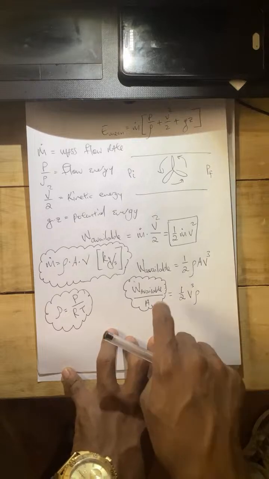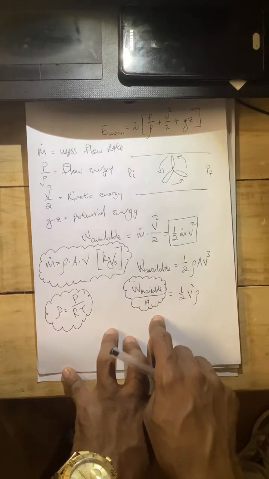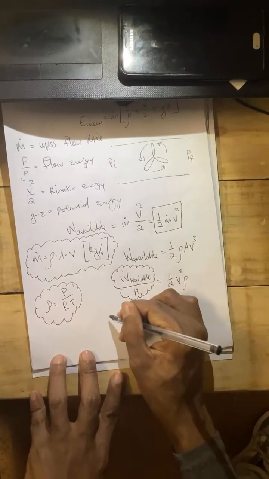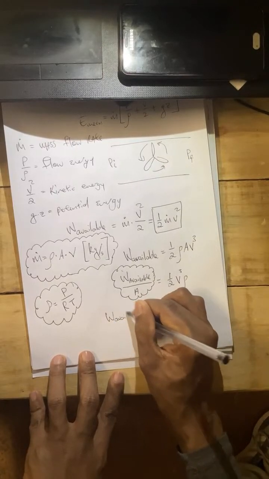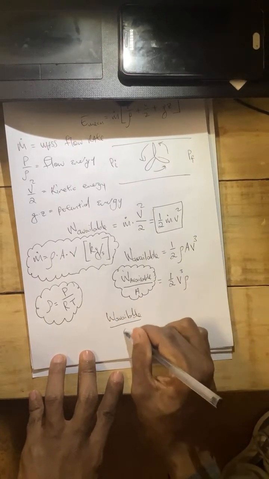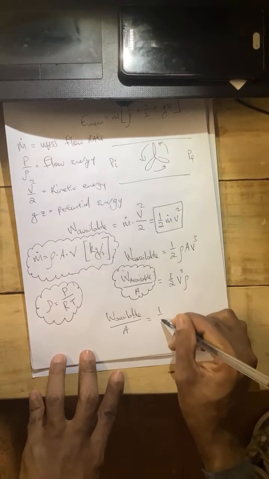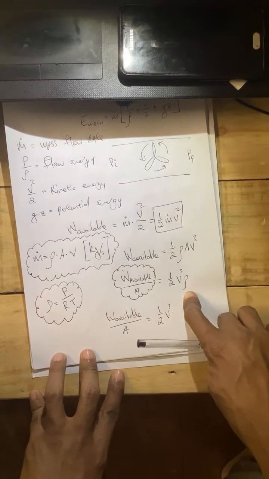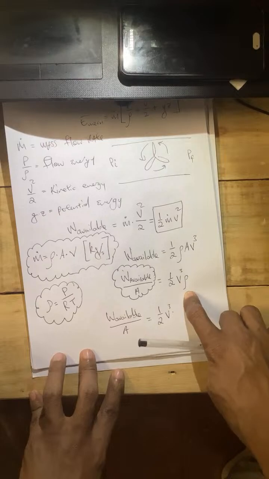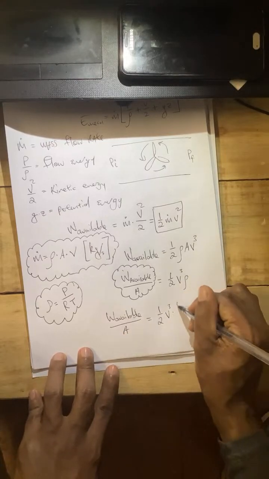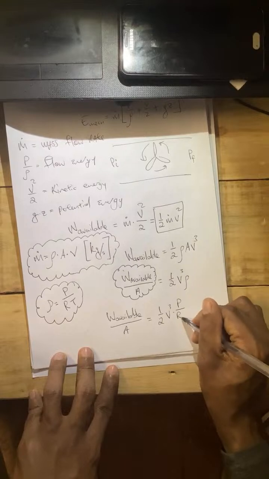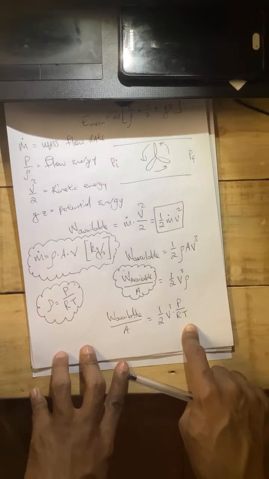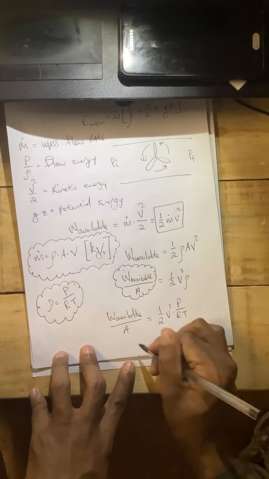And we refer to this as the power density. This density here can also be written out as pressure over RT, which is the gas constant, and then T being the temperature.